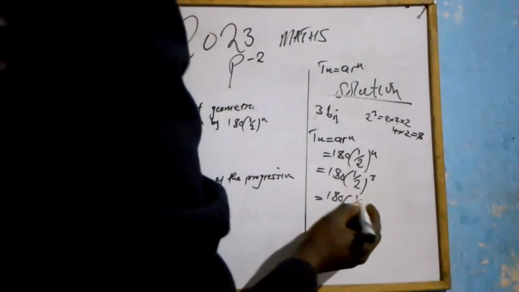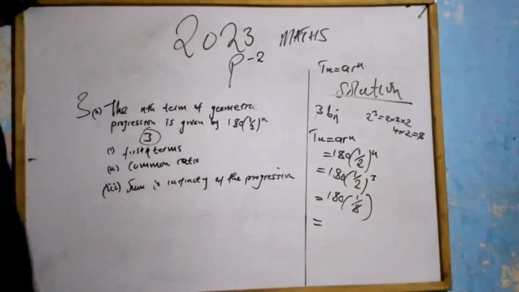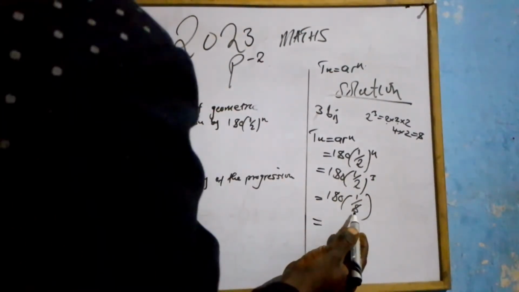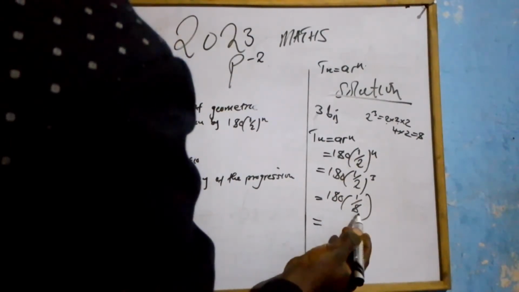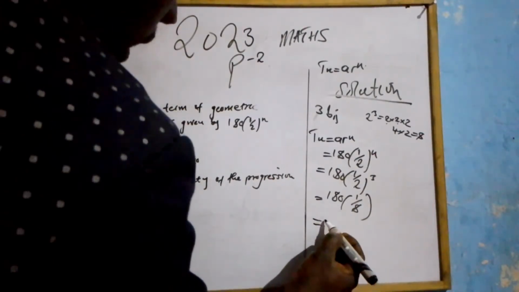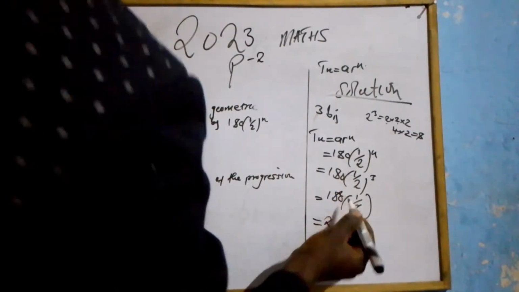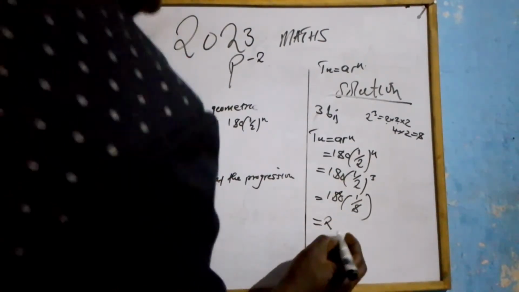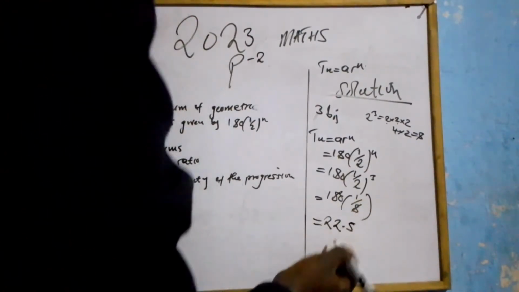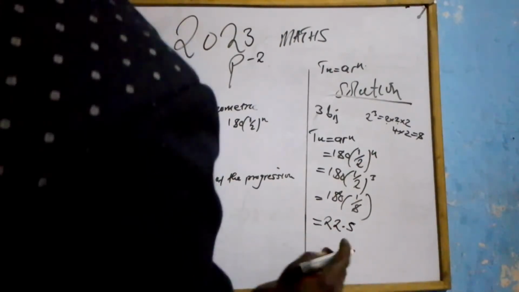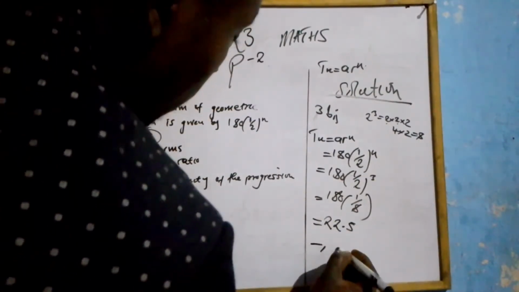This is how we have found the 8 here, so it will be equal to 180 over 8. 8 into 180, we get 22.5. So this is our third term, because there are 3 terms here.